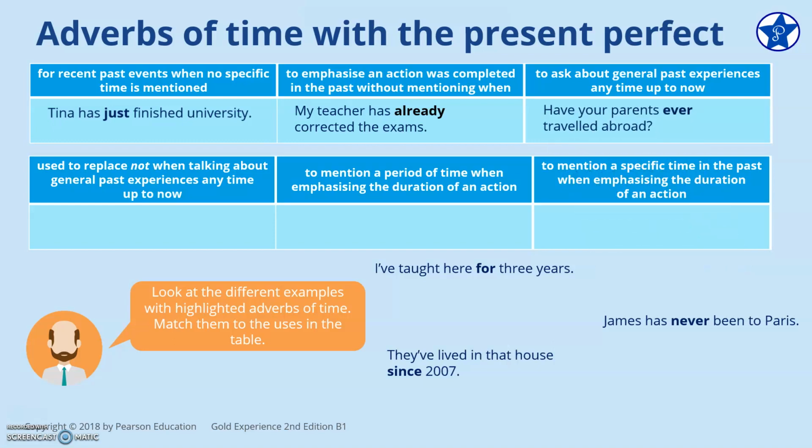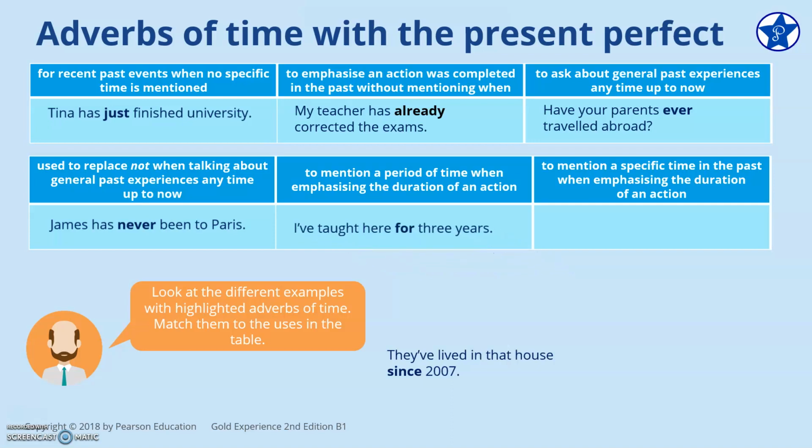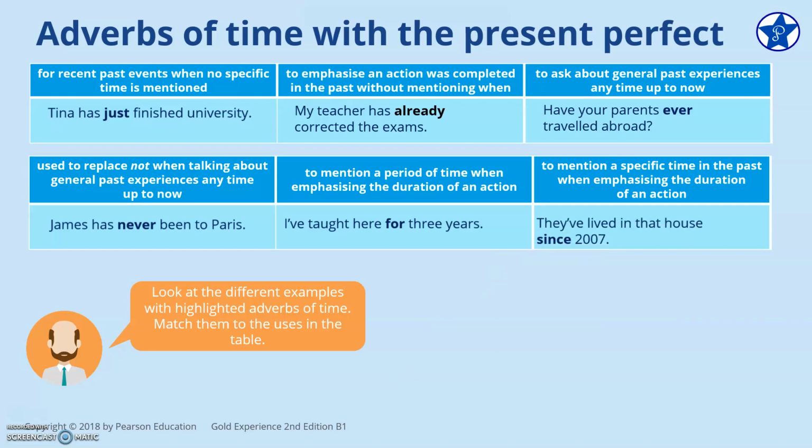We use ever to ask about general past experiences any time up to now. We use never to replace not when talking about general past experience any time until now. We use for to mention a period of time when emphasizing the duration of an action. And finally, we use since to mention a specific time in the past when emphasizing the duration of an action.